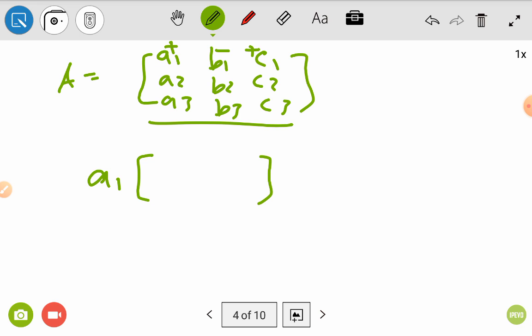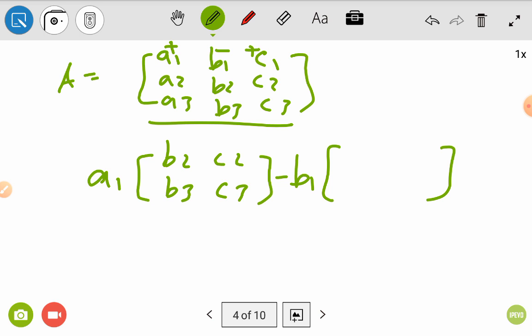The remainder will be B2, C2, B3, C3, minus B1. Minus B1 lies in the first row, second column, so you cancel the first row and second column.